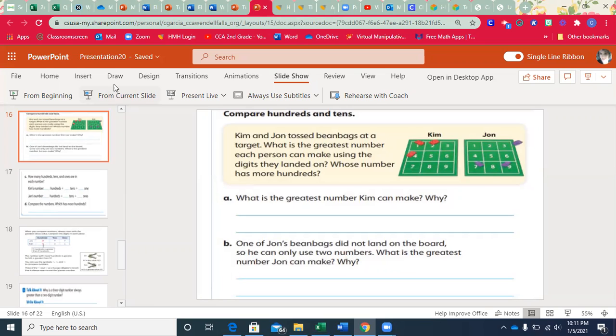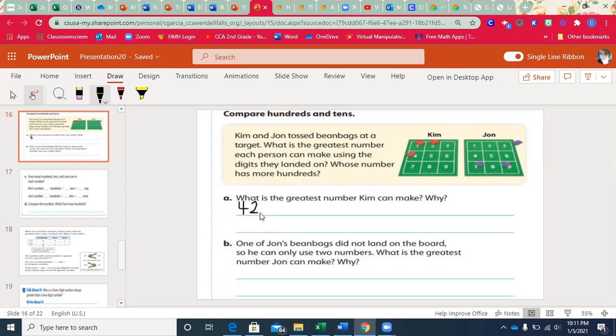We would want the greatest one she landed on, the 4, in the hundreds place. Then the next highest number, the 2, goes in the tens place, and the 1 goes in the ones place.